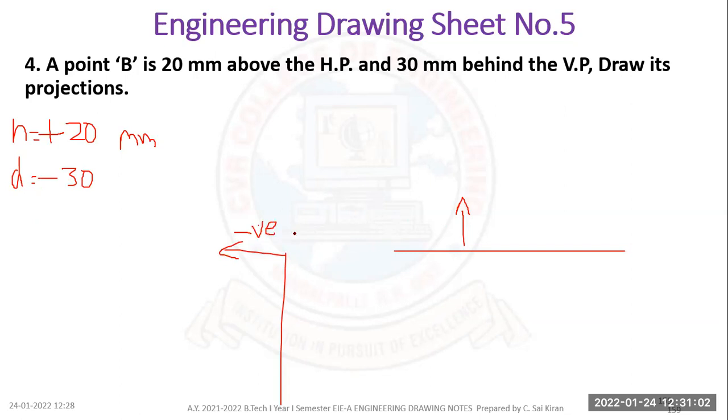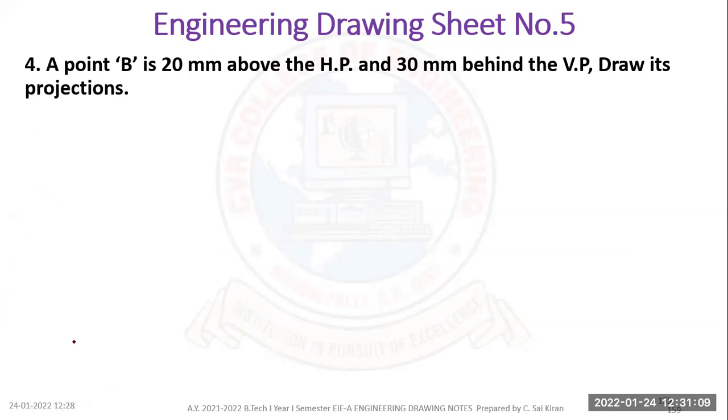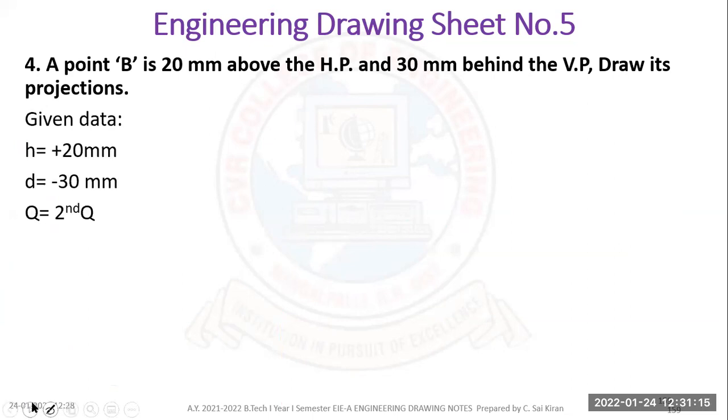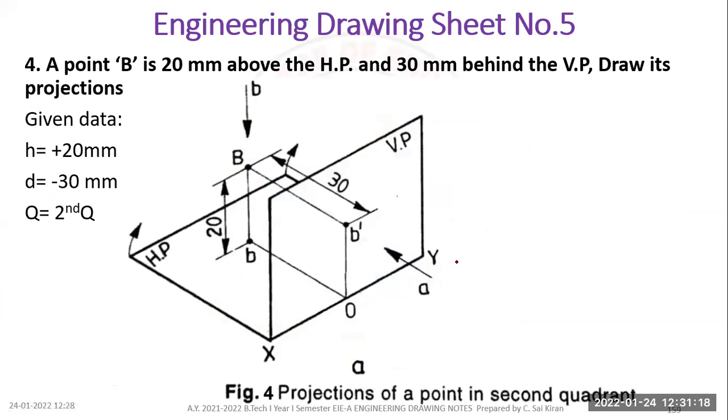So it will be in the second quadrant. Whenever it is the second quadrant, both views are overlapped with each other. The observer stands here and the planes are transparent. This is the capital letter B, at a distance of negative 30, and with respect to the horizontal plane, it is above 20.